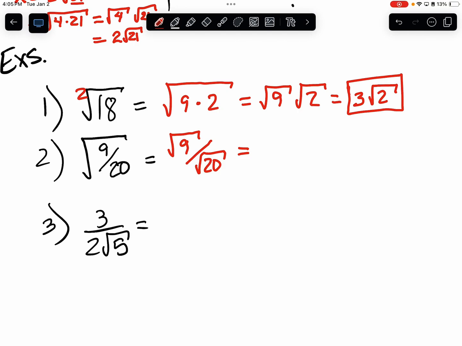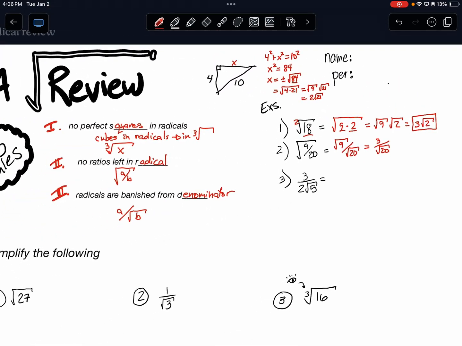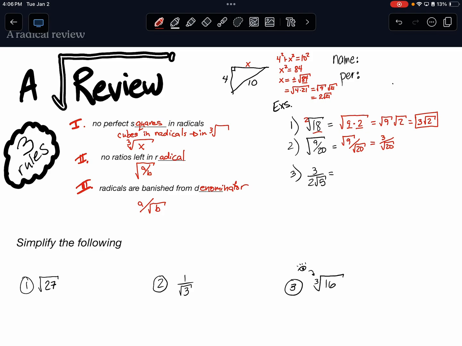Break it up. So notice how we took the 18 and broke it up into 9 times 2, right? Becomes simpler. So radical 9 over radical 20. Now this simplifies to 3 over radical 20. We can't really leave that because that violates rule 3. That is, I've got a radical in my denominator.